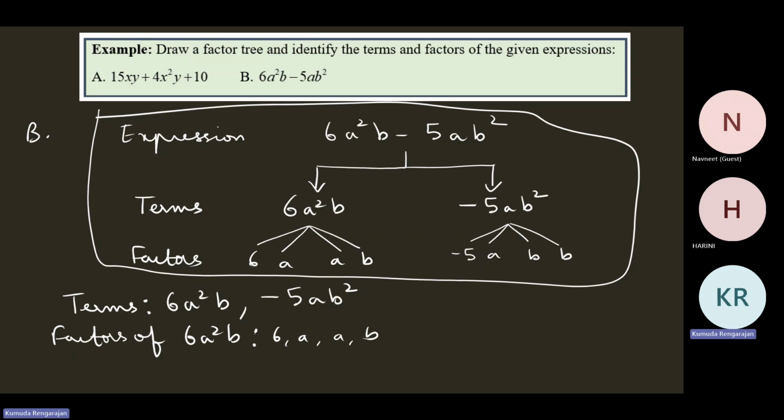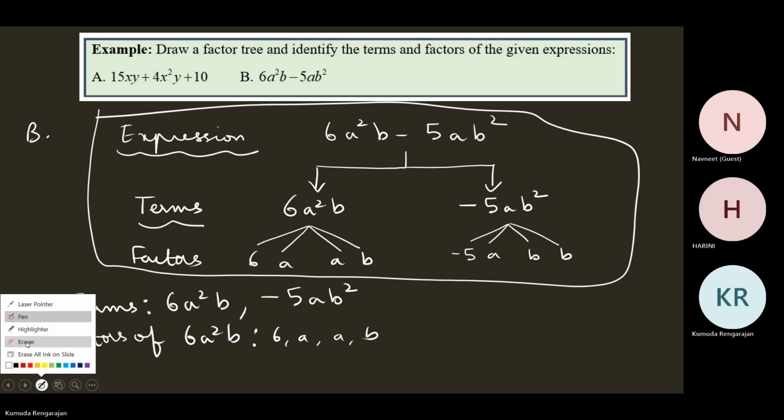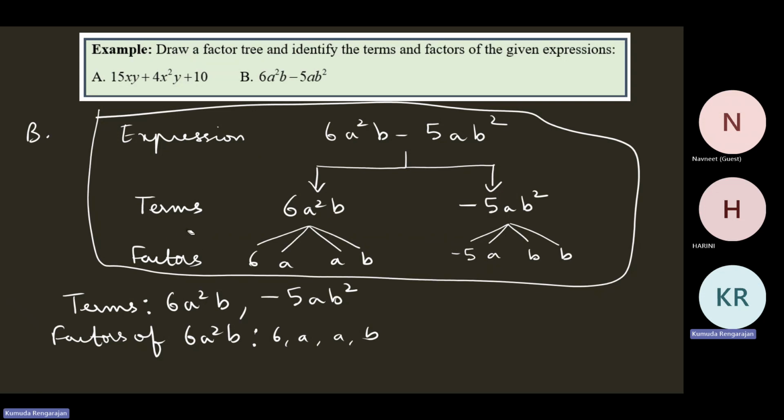So supposing they ask you only to draw a factor tree, still you should write all this. You must write expression, terms, and factors. These are the parts of a factor tree. This and whatever you see in this box are all about the factor tree. Only for factor tree, you should write all this.